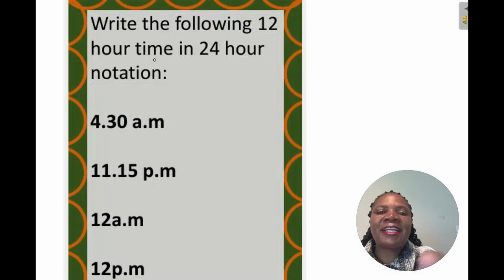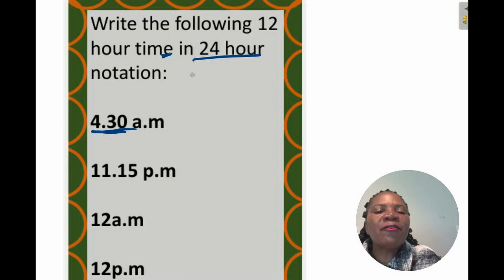Okay, all right. Now, write the following 12-hour times in 24-hour notation. We know that 24-hour time must have 4 digits, 2 digits of hours and 2 digits of minutes.